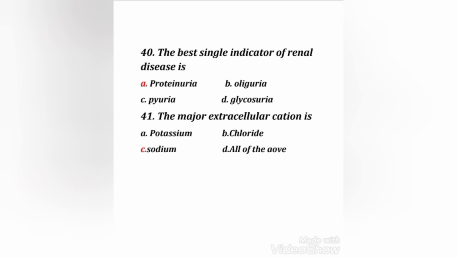The right answer is option C, sodium. Major extracellular cation is sodium, whereas the major intracellular cation is potassium. And major extracellular anion is chloride. These electrolytes play an important role in maintaining homeostasis.